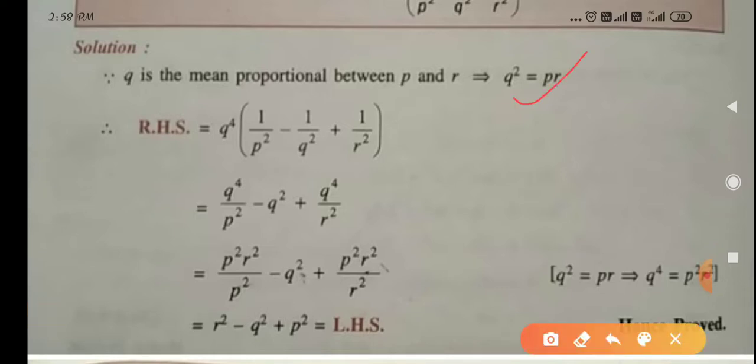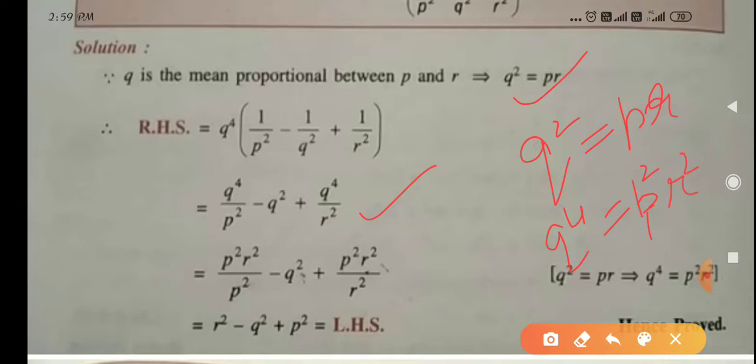Now RHS they are taking. In RHS, they are first multiplying by Q⁴ inside the bracket. So you are getting Q⁴ upon P² − Q² plus Q⁴ upon R². Q² will cancel in the middle term. Next, in place of Q² they are putting PR. When Q² equals PR, Q⁴ will be P²R².